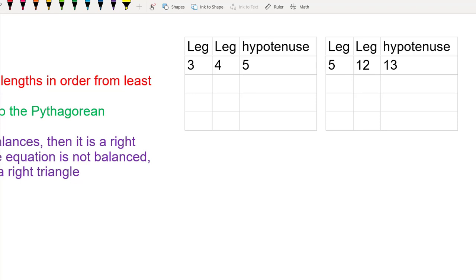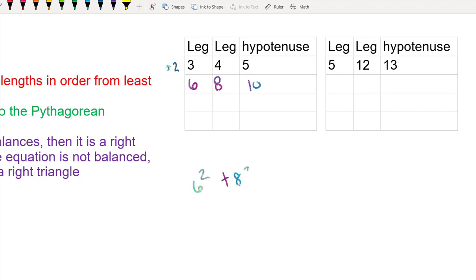So I wanted to show you that multiples of a triple will also be a right triangle. For instance, if I take each of these dimensions, 3, 4, and 5, as side lengths, legs and hypotenuse, and I multiply it by 2, I get 6, 8, and 10, that is also a right triangle. And if you don't believe me, let's do it down here.